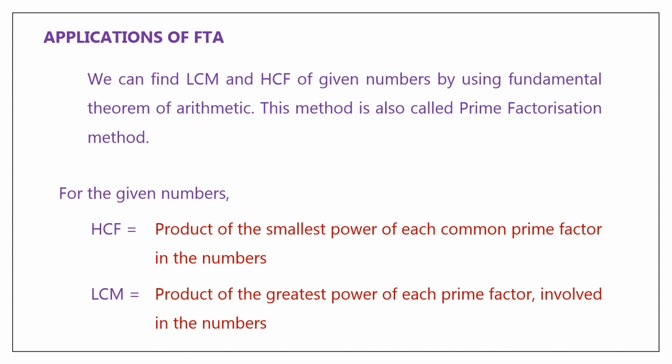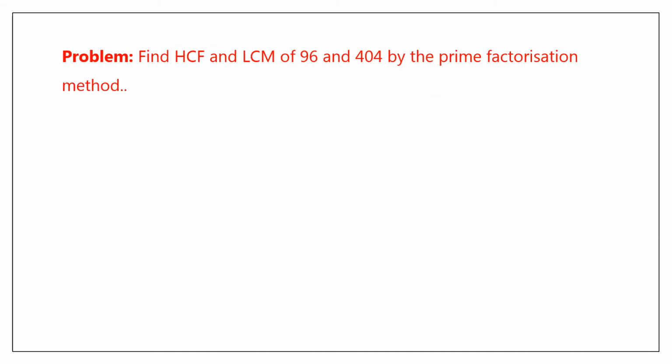Now let us do one problem. Find HCF and LCM of 96 and 404 by the prime factorization method. To find HCF and LCM of any given numbers by using the prime factorization method, first of all we have to find their prime factorizations.